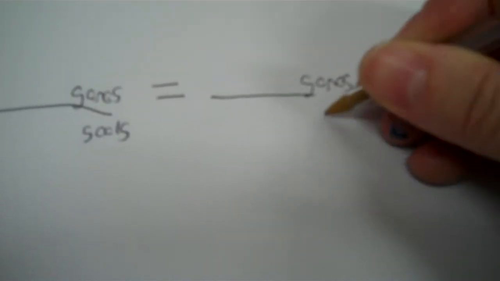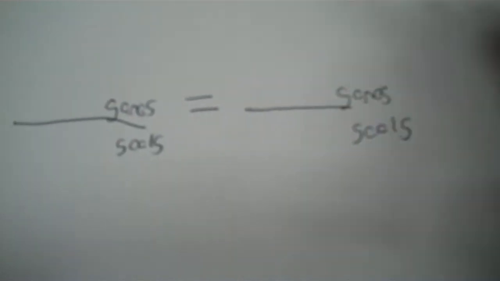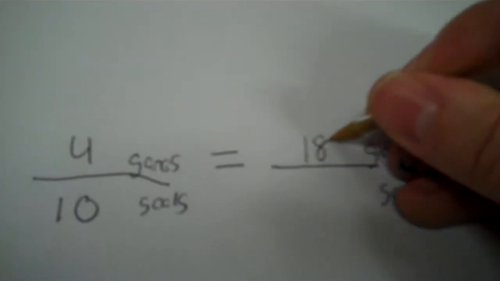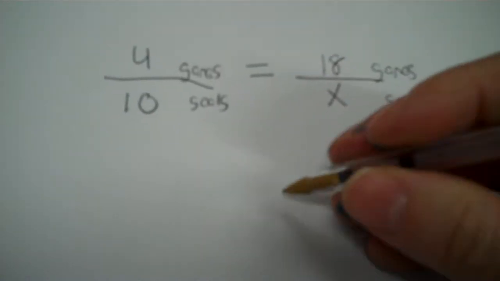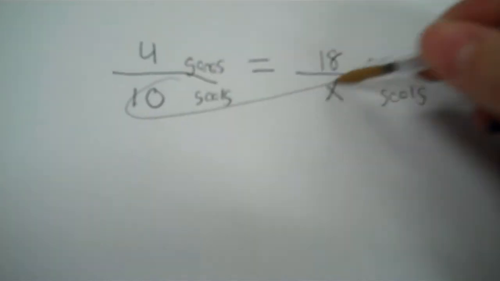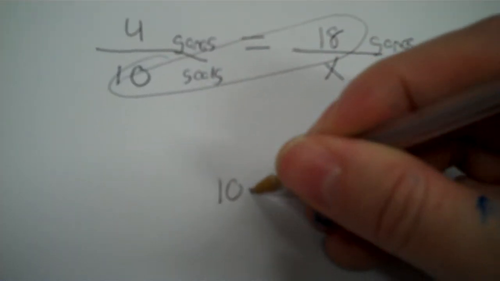So 4 games, we scored 10 goals. That's the complete ratio right there. We're going to play 18 games, x goals. So I cross multiply and divide. I take 10 times 18 divided by 4.